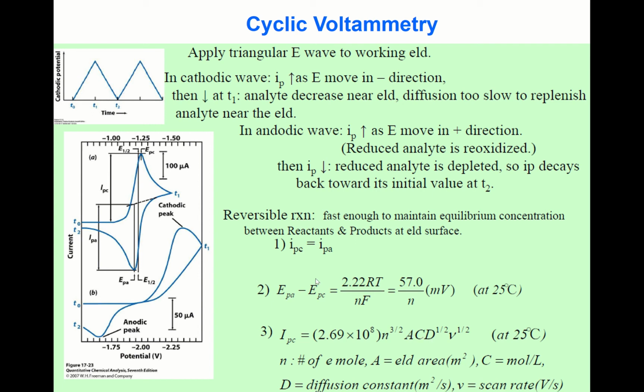But if the species undergoes an electrochemical reaction like oxidation or reduction, using this equation, it is rather easy to calculate this D. So this cyclic voltammetry gives you a lot of information about the system. That's why this cyclic voltammetry technique is widely used, right?